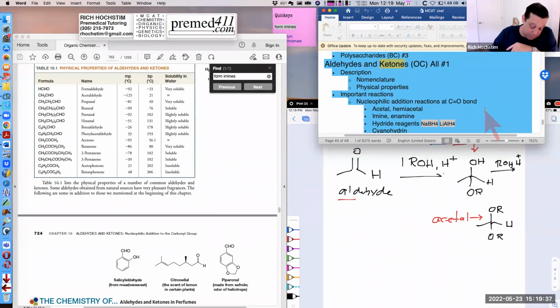Now, if we went ahead and did the same thing here with a ketone, then what would happen is we would get an OH and an OR, and we would get an OR and an OR.